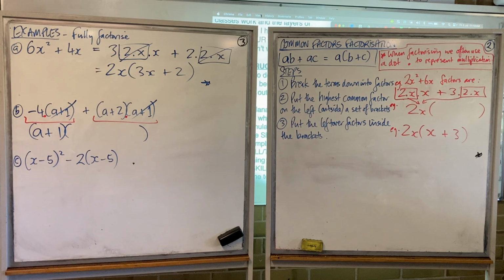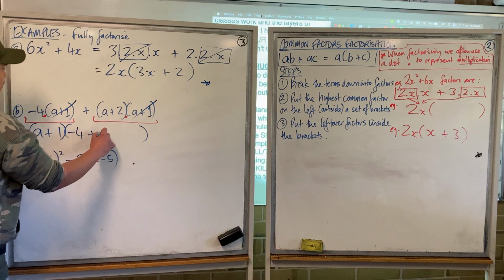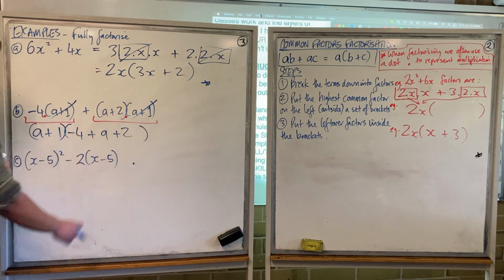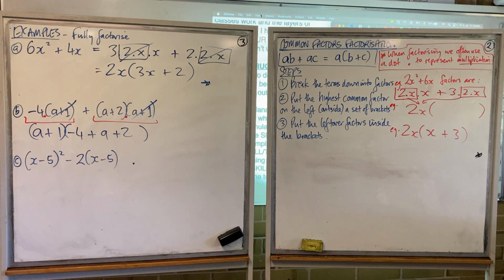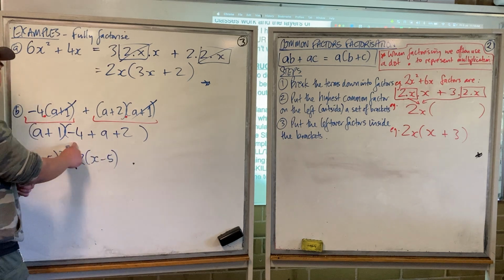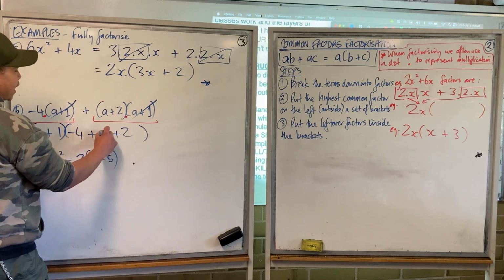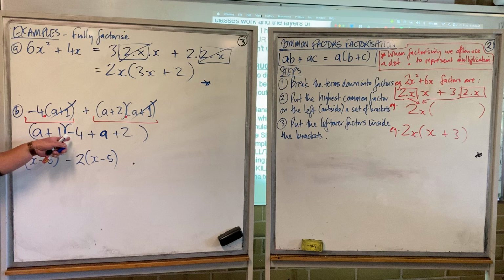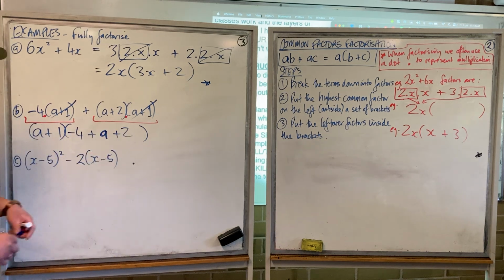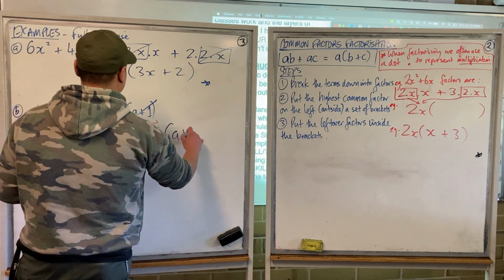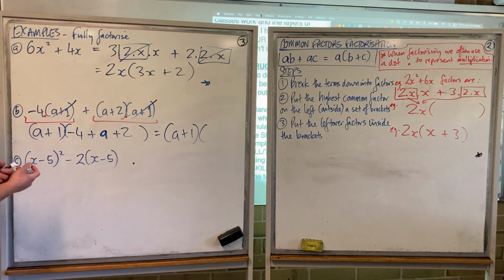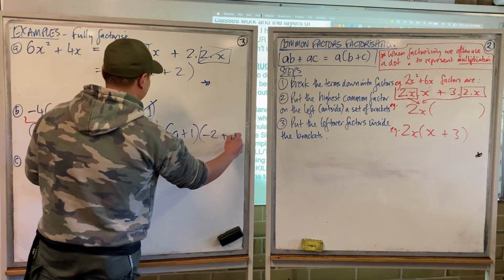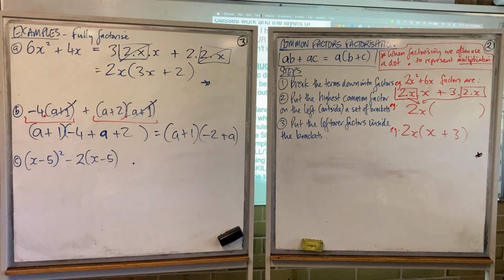What hasn't been taken care of? -4 plus 2. Well done. You get marks for that, not all of them, because I can still do something here. I can't add -4 and a, but can I add -4 and 2? So this would go to a plus 1 bracket. What's -4 plus 2? -2 plus a.